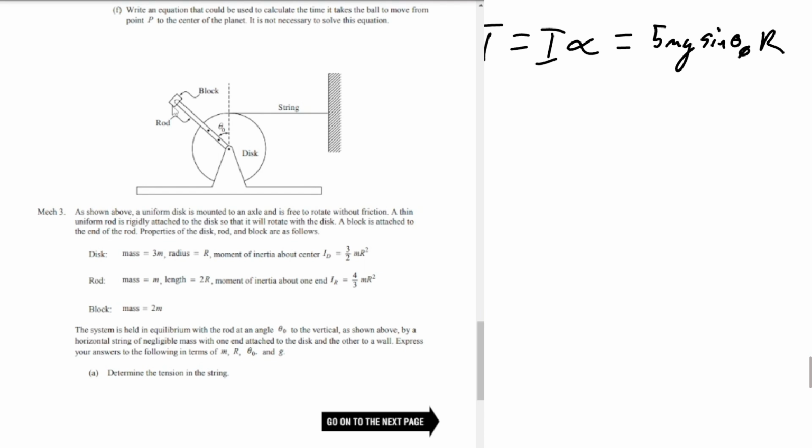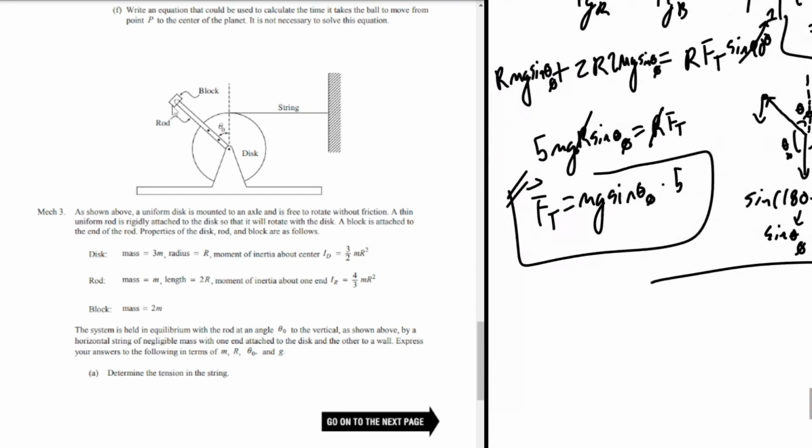But you might be saying, wasn't that the torque due to the tension in the string? It was. But because the torques due to the rod and the block had to equal the torque due to the tension, they have the same numerical values.